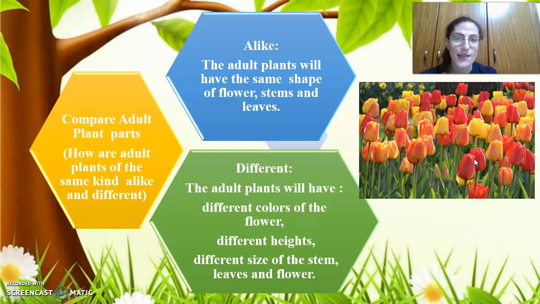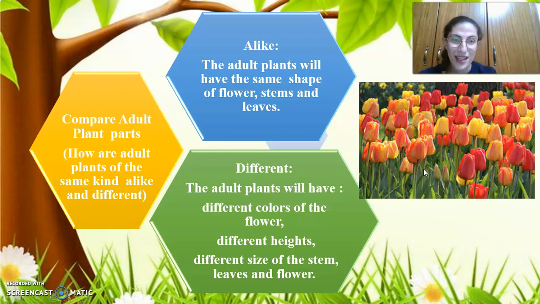Why? Because these are things that they get from their parents. Okay? And each parent tulip has a different size of stem, different size of leaves, and different flower. That's why the adult plants have different colors of the flower, different heights, different size of the stem, different size of the leaves and size of the flower.